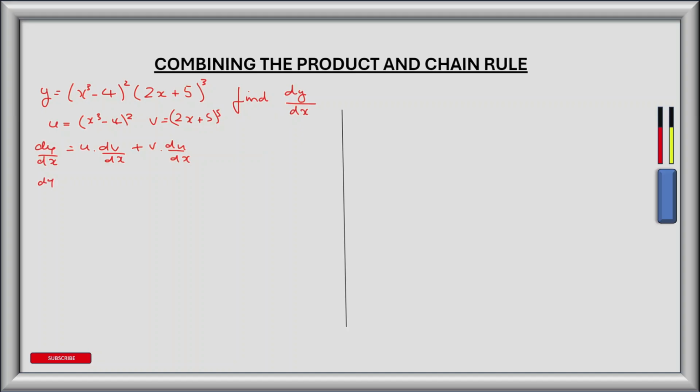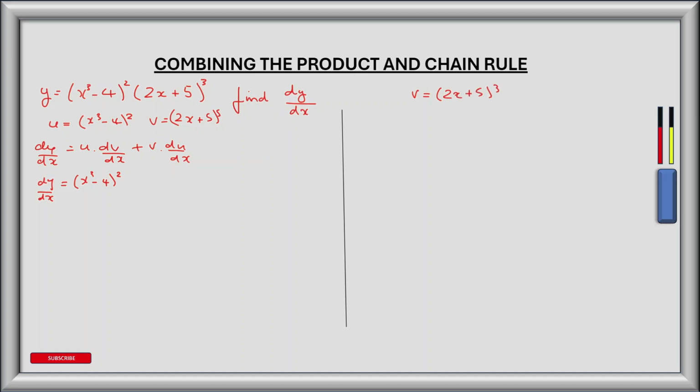So dy by dx is equal to u, which is x cubed minus 4 all squared, multiplied by dv by dx. So to work out dv by dx, we need to apply the chain rule, because we know that v is equal to 2x plus 5 cubed.